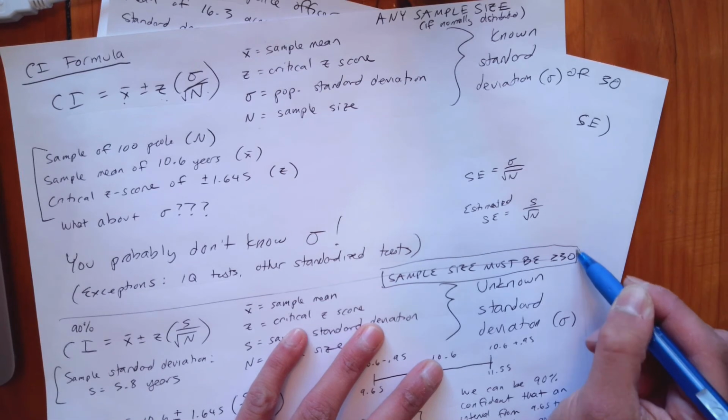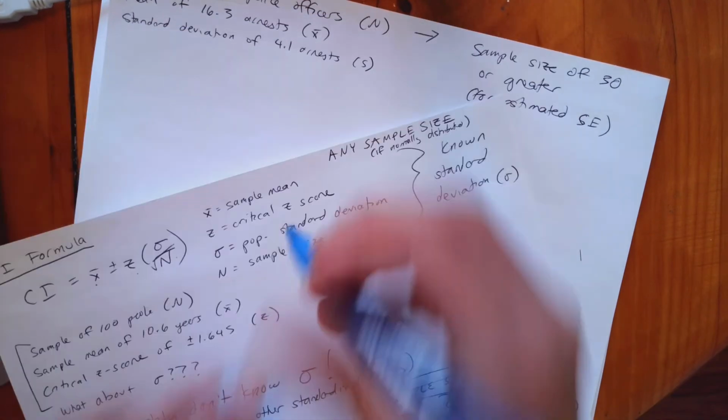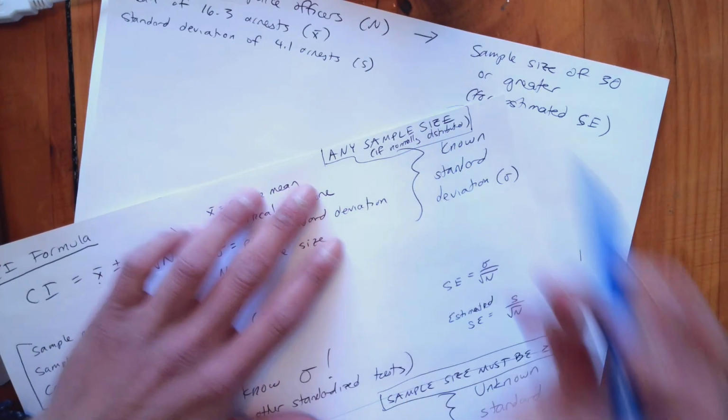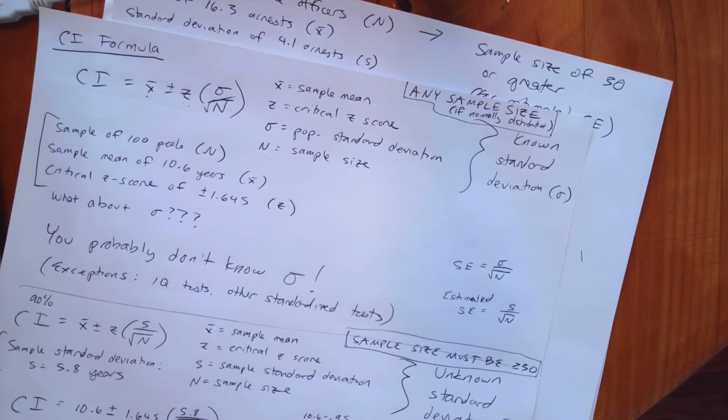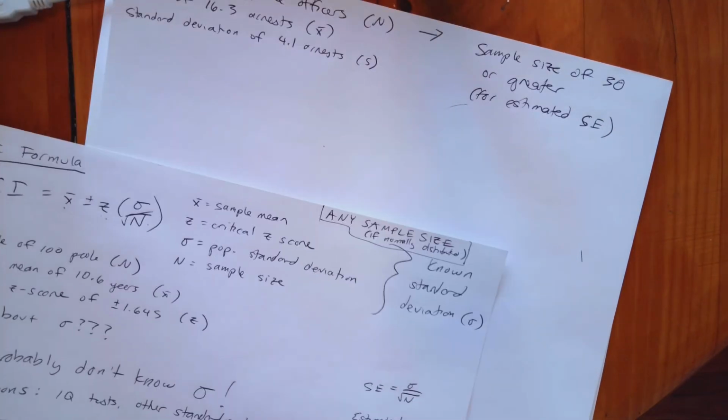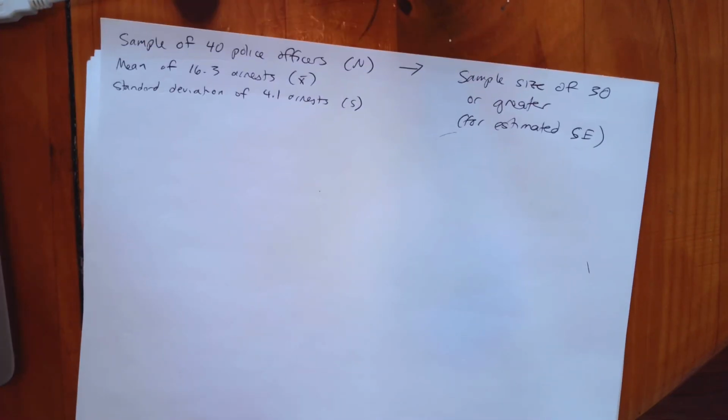And after I go through the next example, I'm going to talk briefly about what you would use if your sample size was less than 30. But luckily, in criminal justice kind of applications, that's rarely the case anyway. So for this one, just keep in mind that your sample size must be greater than 30.